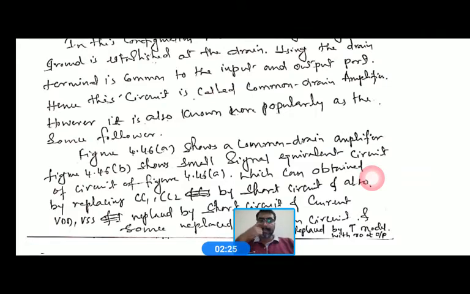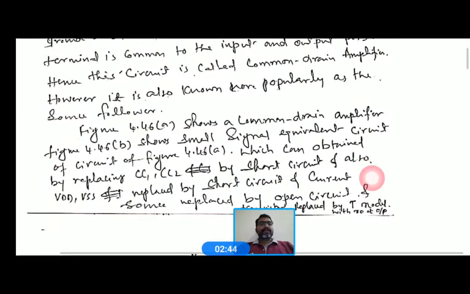Therefore we can say that the output is equal to the applied input, or we can say the gain is approximately unity. So let's analyze this common drain amplifier or source follower.